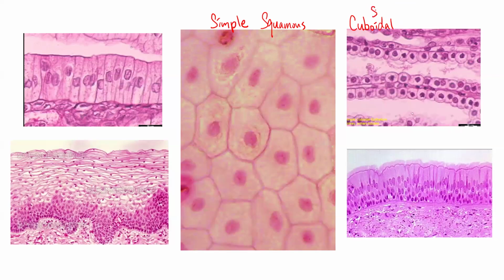And a single layer. And usually you will find them around ducts. Okay, this one, you can see it's rectangle, right? So we call them, no cilia, so it's just simple columnar.